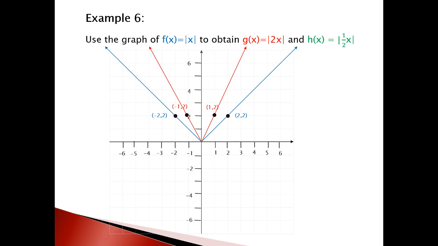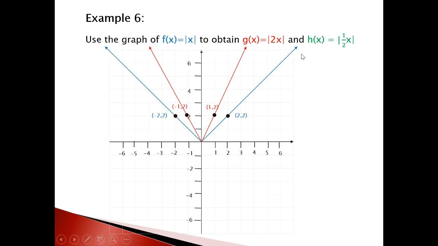You can see that the x values have changed from 2 to 1, which means the x coordinate of the original function has been divided by 2, which is equal to the constant in g of x, in the horizontally shrunk graph, g of x equals the absolute value of 2 times x.